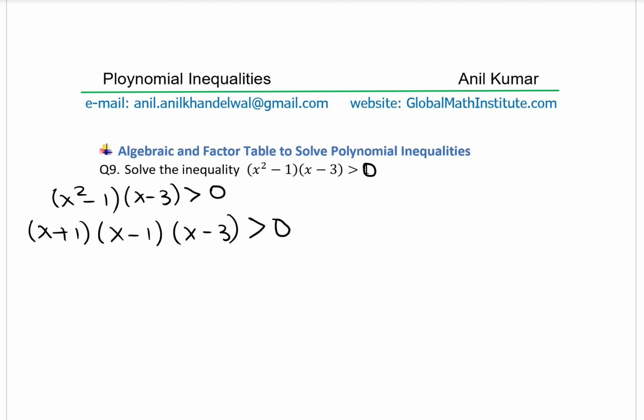Now, we know that we have zeros at x equals minus 1, plus 1, and plus 3. Only at the zeros the sign changes. So the important thing here is sign changes at zeros only.